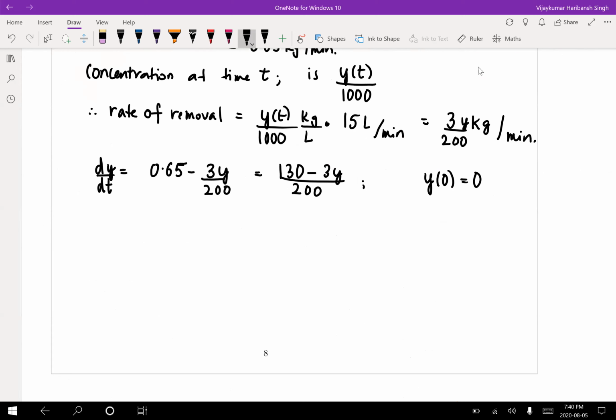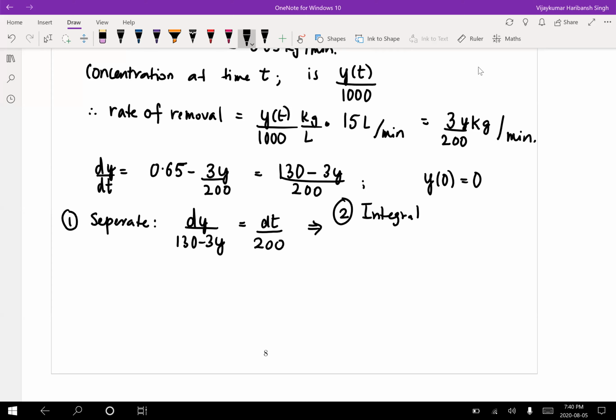So again, first separate. When we separate, we write dy over 130 minus 3y equals dt over 200, which implies step 2, integrate. So if we integrate, we get the integral of dy over 130 minus 3y equals the integral of dt over 200.